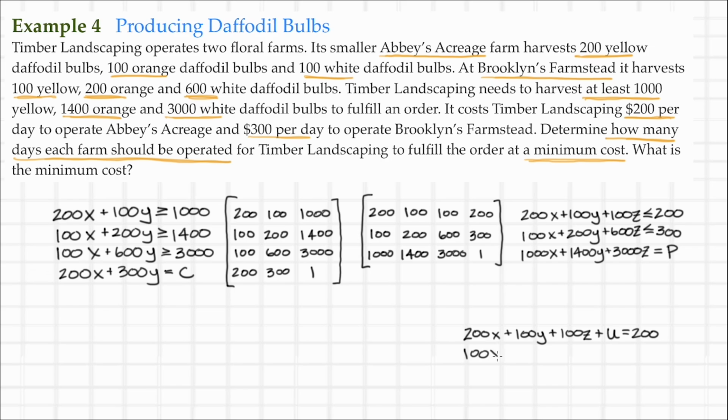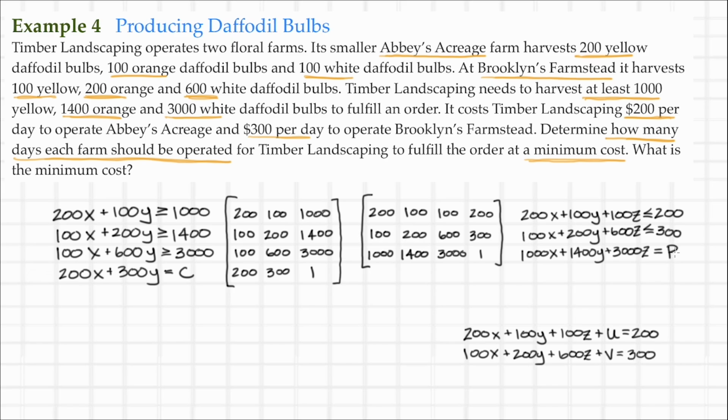Then 100x plus 200y plus 600z, and we'll introduce another slack variable, different from the one above, v, equal to 300.